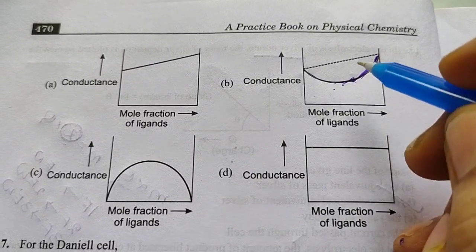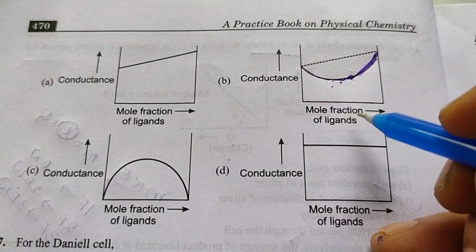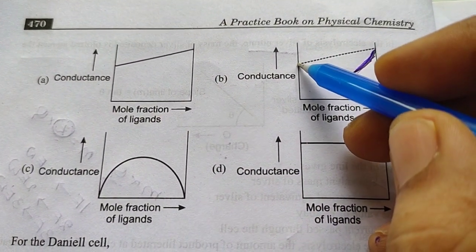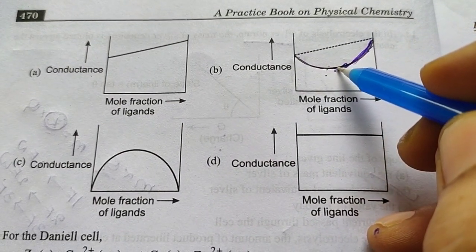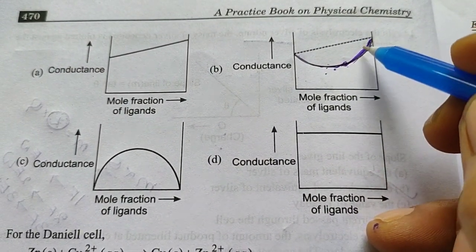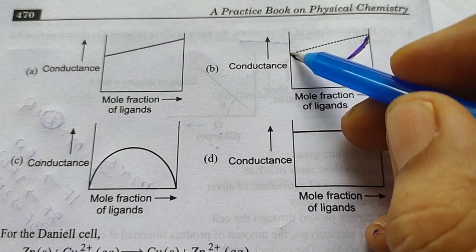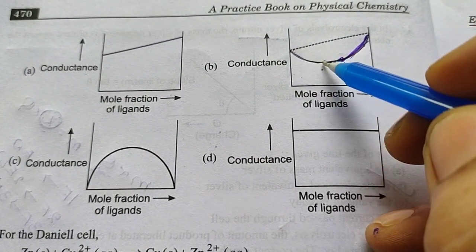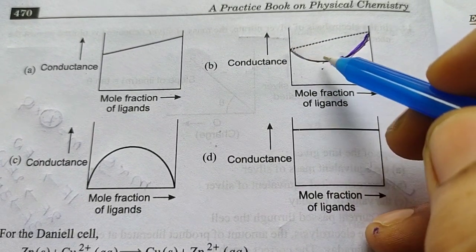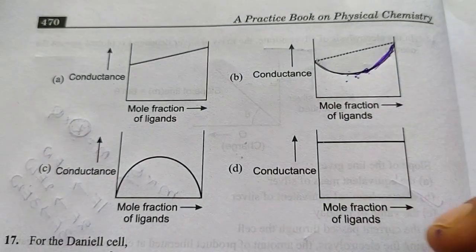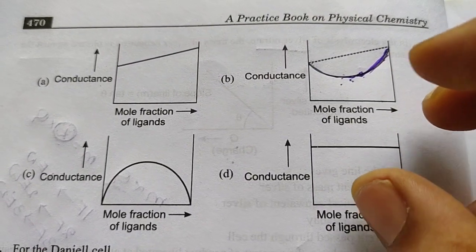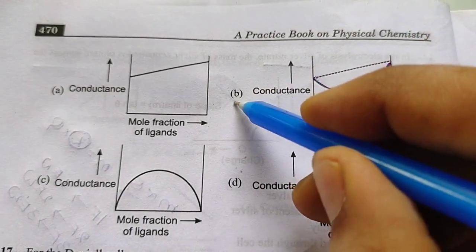That is very, very important. So in the graph of conductance against mole fraction of the ligand, the conductance first decreases and then increases again, indicating excess ligand. The metal ion conductance decreases due to formation of the complex ion. Complex ions have lower conductance compared to free ions. So this is the correct graph.